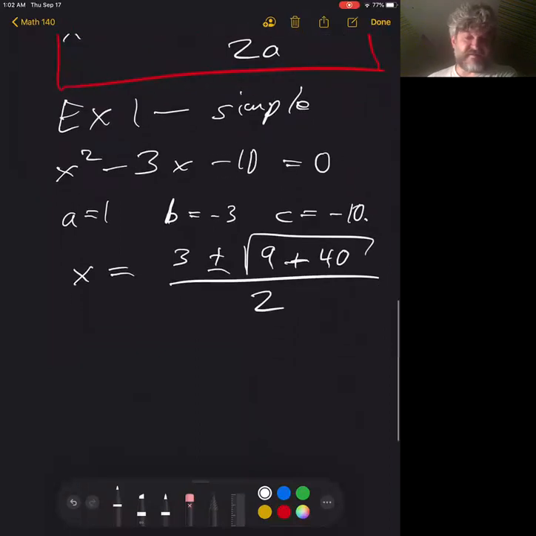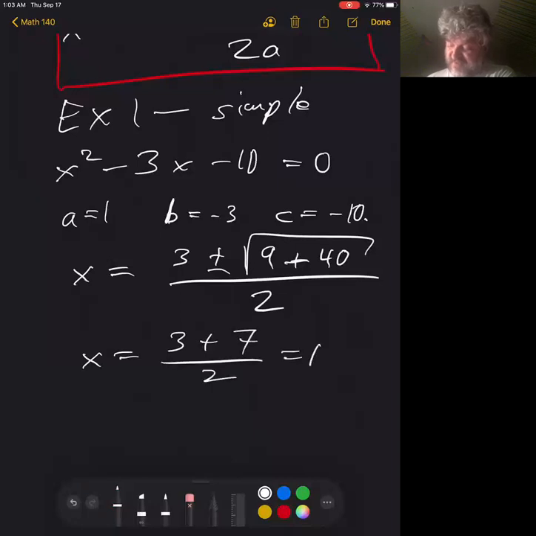The plus minus gives us two different choices. So if we have the positive choice, the plus, that's 3 plus 7 divided by 2, which is 10 over 2, that's 5. Or x is 3 minus 7 divided by 2, which is -2.